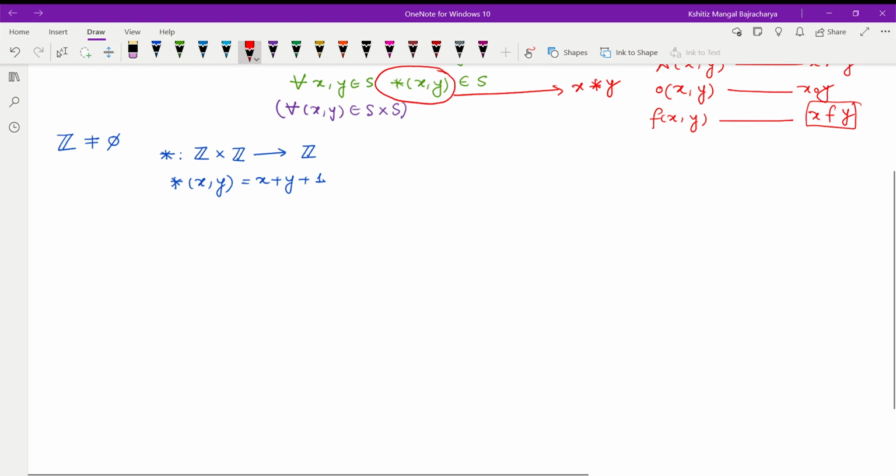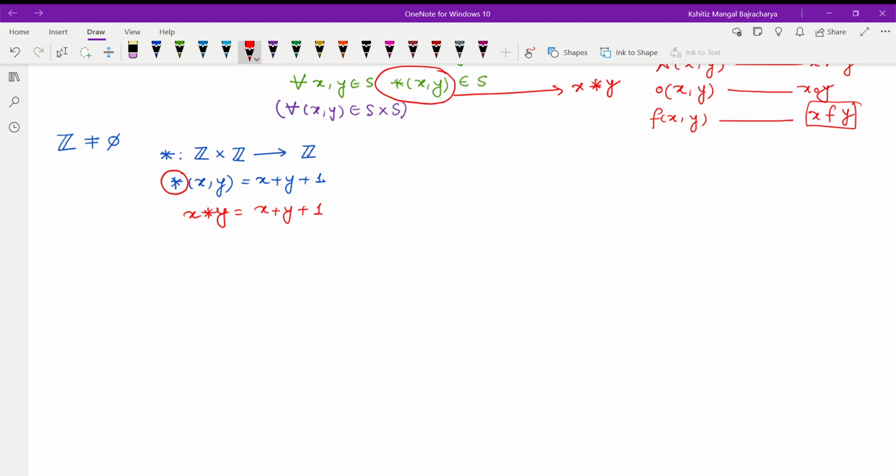We're going to check that x star y, which we can write like this, x plus y plus 1, where plus indicates the usual integer addition, is a binary operation or not.